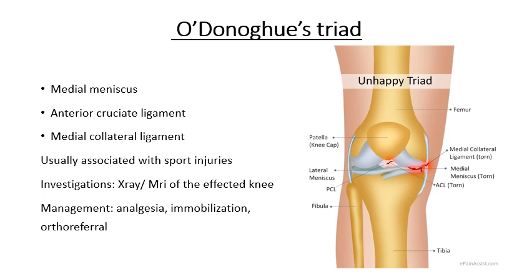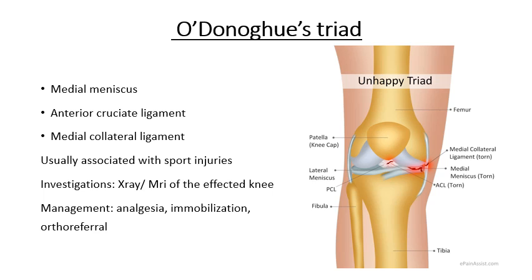Okay, it's a tongue twister. O'Donoghue triad, in which there is a medial meniscus tear, anterior cruciate ligament tear, medial collateral ligament tear. This is a triad. 90% of the time these are associated with sports injuries.